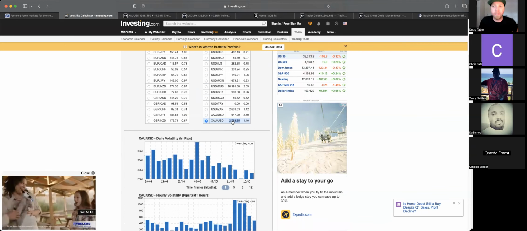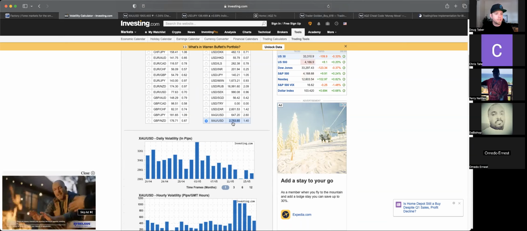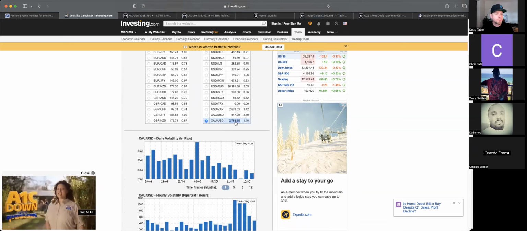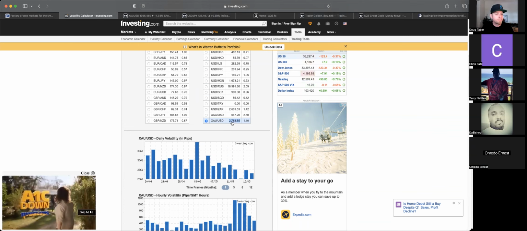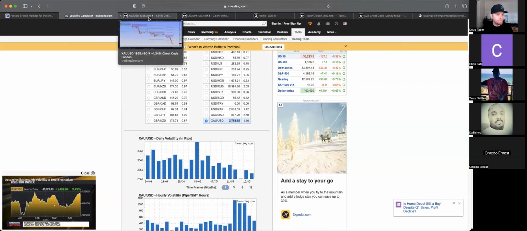Now, what we're going to do with this information is take the 278 pips a day average, and look at 50 to 75% of that daily average.